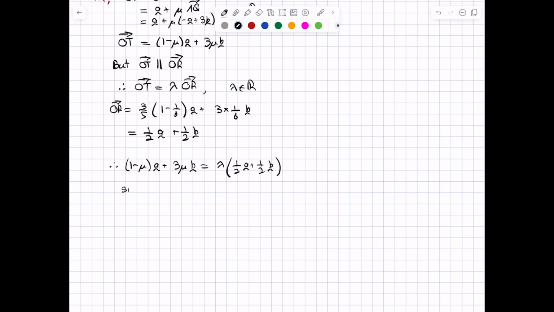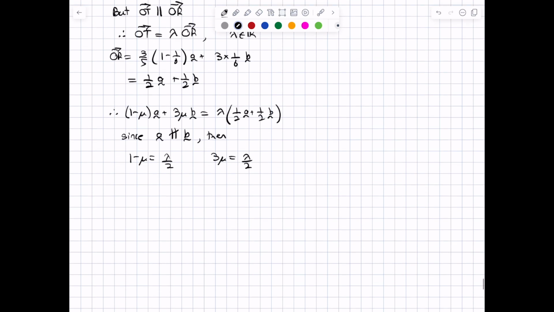Again, we can say since A is not parallel to B, then I'm able to equate the coefficients of A and the coefficients of B. So I have 1 minus mu equals lambda on 2, and I have 3 mu equal to lambda on 2. I can sub one into the other, I can equate them, and I'll get 1 minus mu equals 3 mu, which means mu will be equal to a quarter.